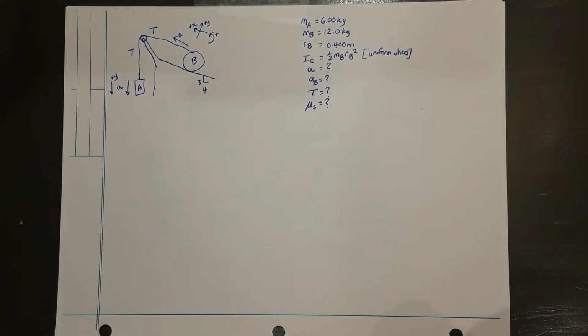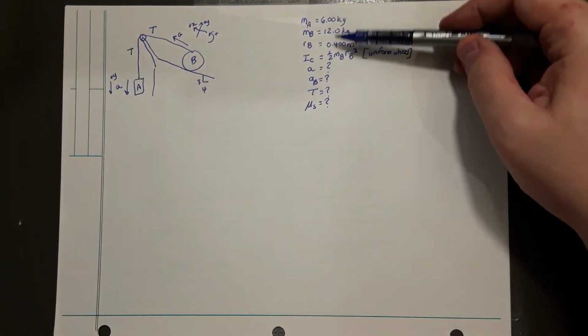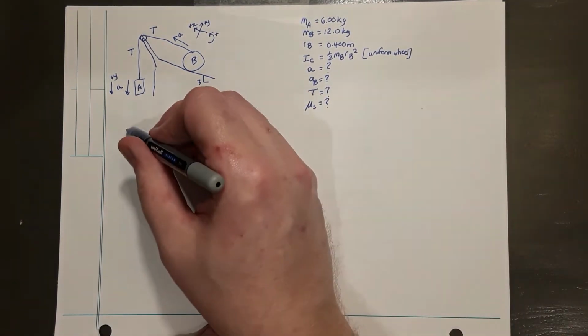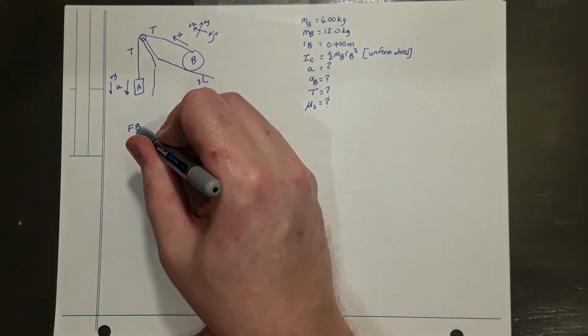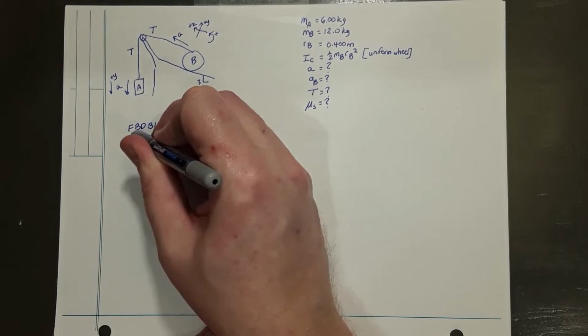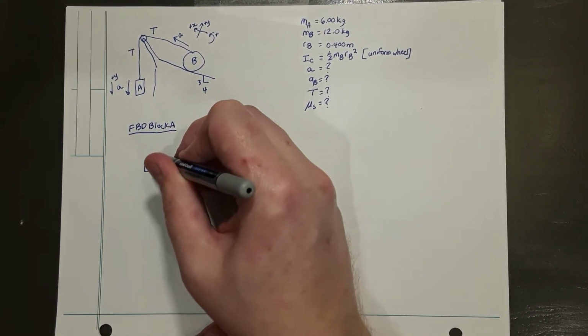In order to find an equation that deals with these known and unknown quantities, we require a free body diagram and analyze it with Newton's second law. So I draw the free body diagram of block A. This one's going to be the easier of the two to analyze.